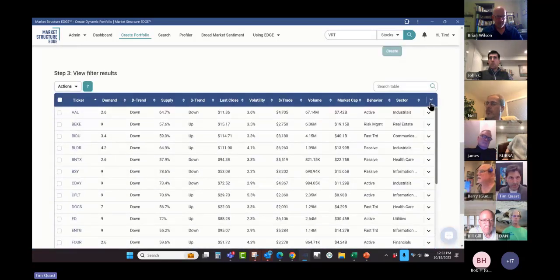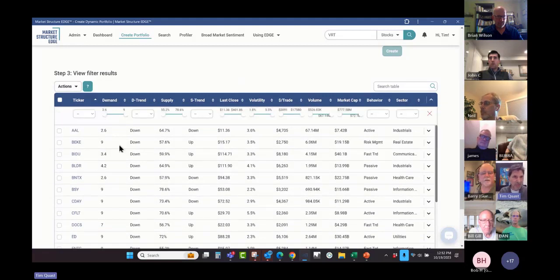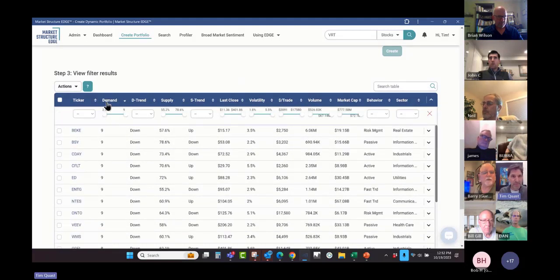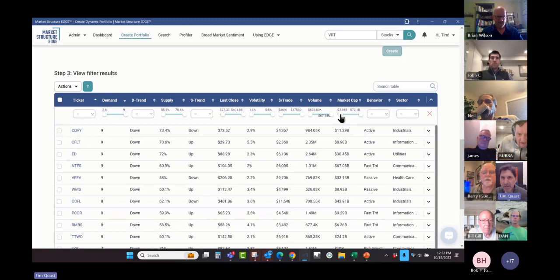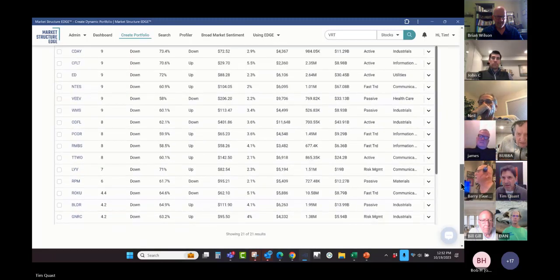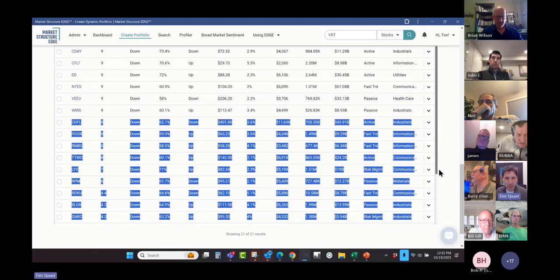Then you could narrow this by, say, let's certainly sort it by demand, and let me think about this. Maybe we want higher price stocks. I don't know, there's an idea. Not too high. You could adjust market cap, maybe drag that up so we're assured of having ones that are fairly large.